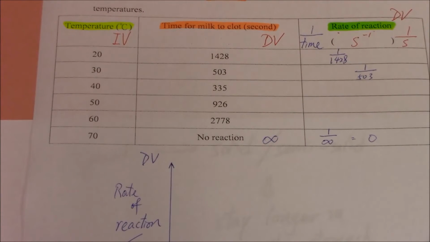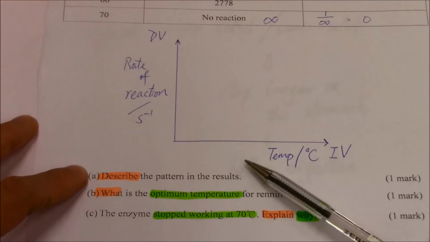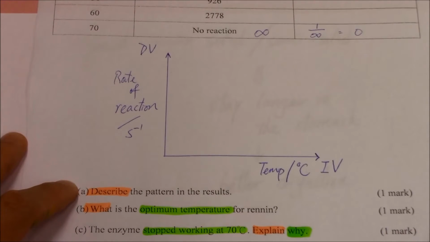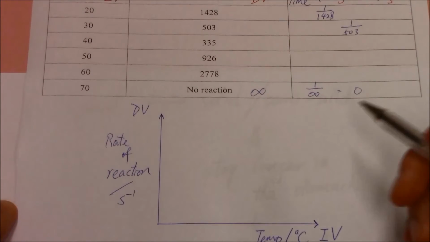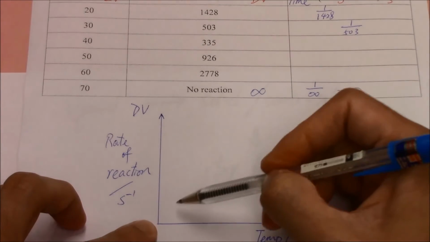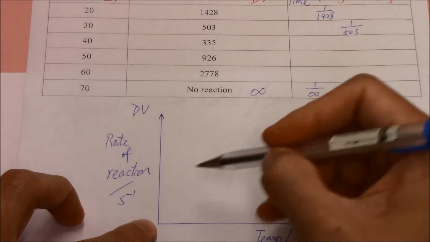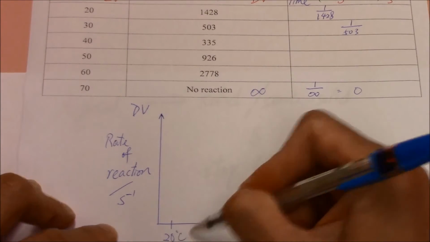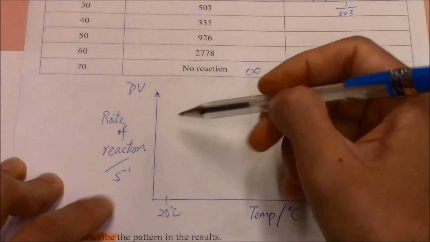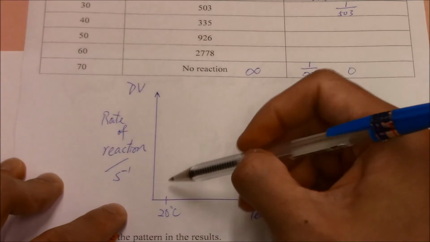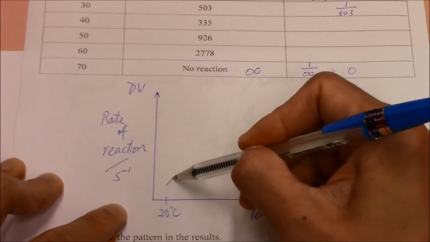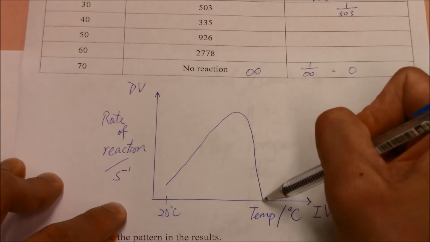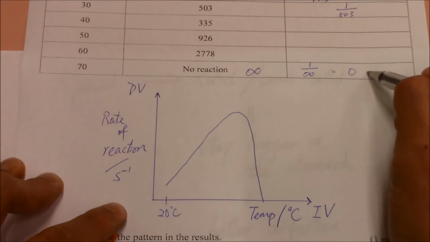So for part A, I'll extend a little bit. Maybe for this graph, the reaction starts from 20 degrees Celsius, and the rate is very, very low, and then it increases, and then increases, and then probably it will drop to 0. Why?